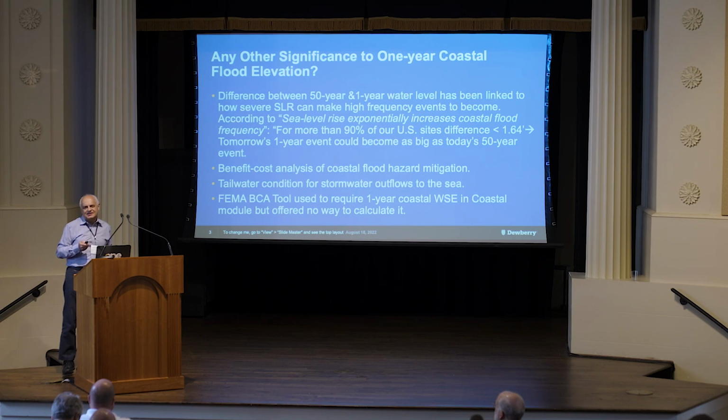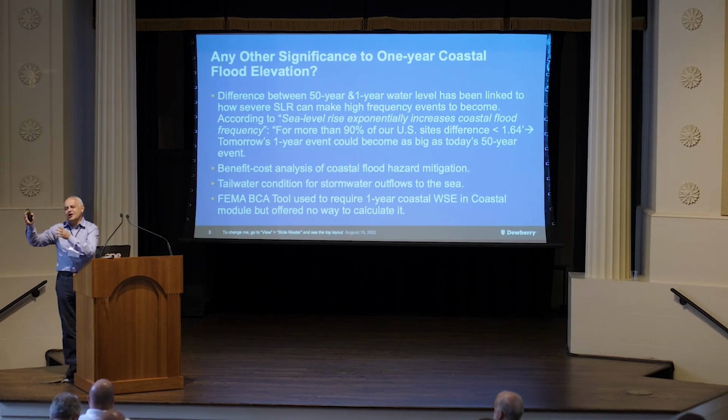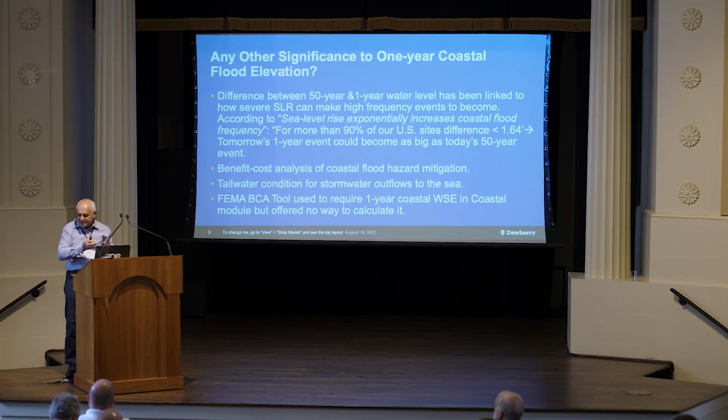The problem with it is that when people think about future conditions in terms of benefit cost analysis, they try to apply conditions that won't materialize until 50 or 100 years from now to today's conditions.